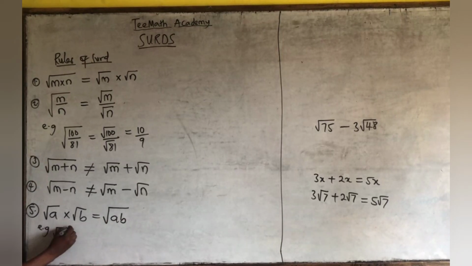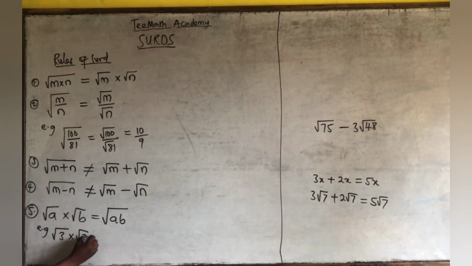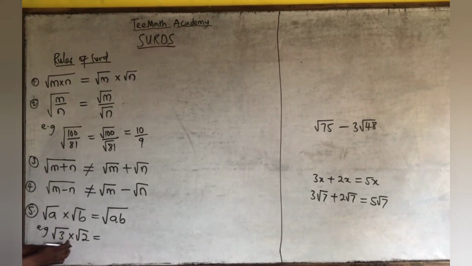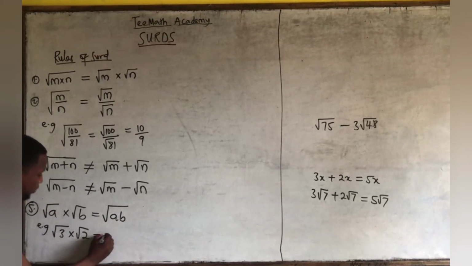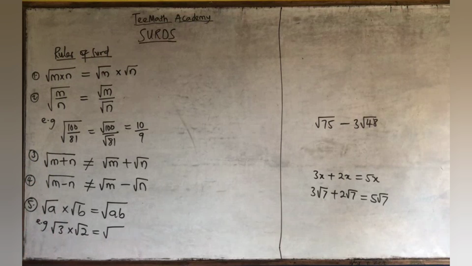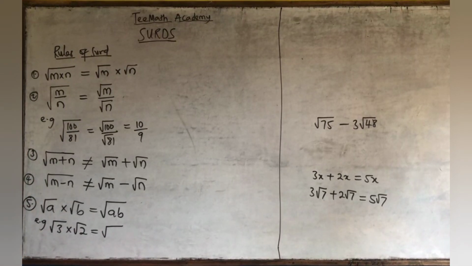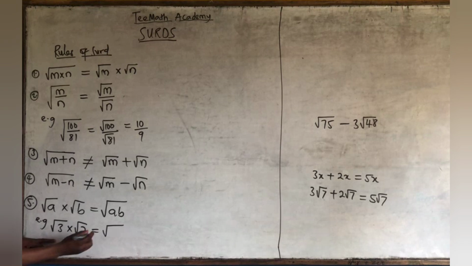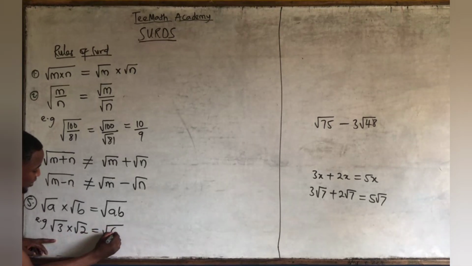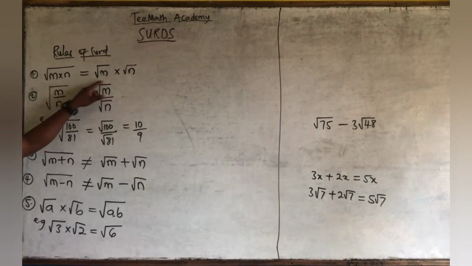Look at this example. I can have root 3 times root 2. First of all, they are both in roots, so they will come together as one. You now multiply them. So root 3 times root 2, 3 times 2 is what? 6. But because they are in roots, I now have root 6. That is what happened here.